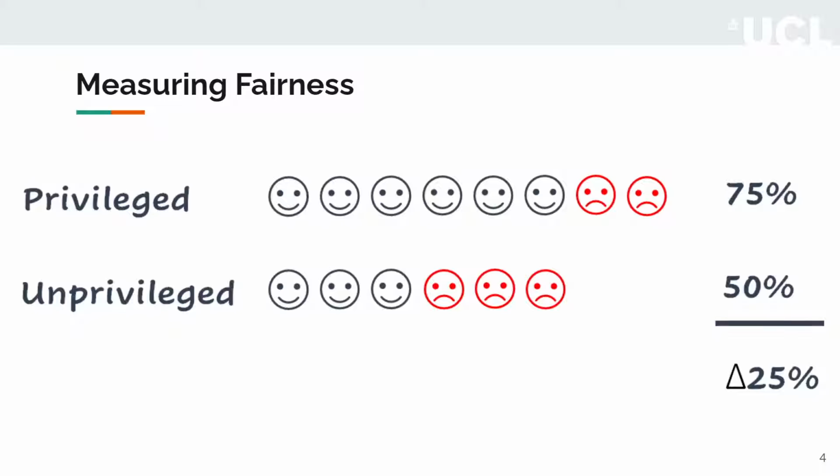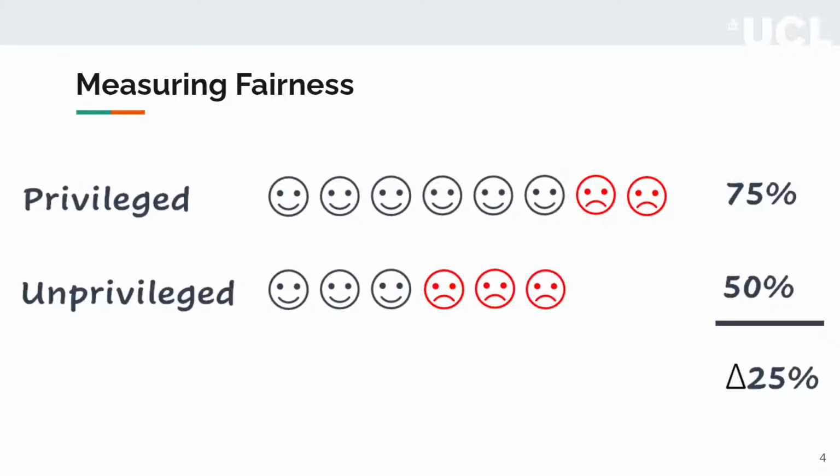Let's next look into how to measure fairness, or also the degree of bias a software system holds. The smiling faces represent favorable treatment and the frowning faces unfavorable treatment. And as you can see, 6 out of 8 individuals in the privileged group receive a favorable treatment, therefore 75%.